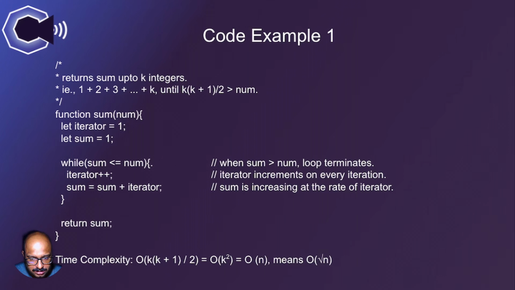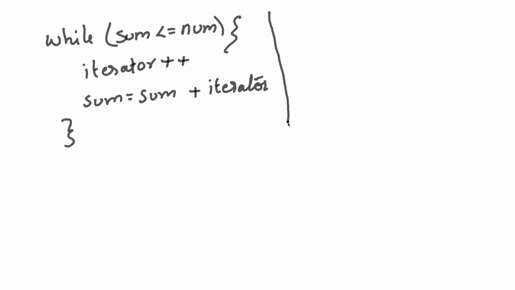If we closely observe each iteration, the sum is the addition of the iterator with the previous sum. So we can say at any iteration, sum of i will be equal to sum of i minus 1 plus i. Here we know that this while loop determines the time complexity because it is the one which increases with respect to the input num.